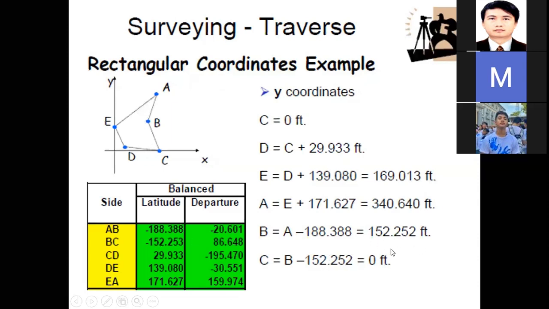So 152.252 minus this, or plus this negative sign, 152.253. This will give us a zero value. Okay.